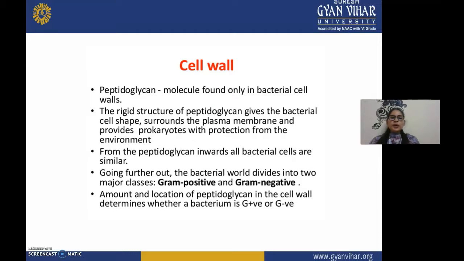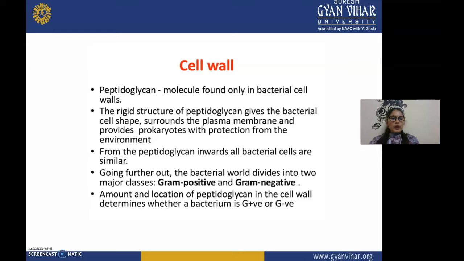Now, when talking about the cell wall, peptidoglycan molecule is found only in the bacterial cell wall, and the rigid structure of peptidoglycan gives the bacterial cell its shape, surrounds the plasma membrane, and provides prokaryotes with protection from the environment. And from the peptidoglycan inwards, all bacterial cells are similar.